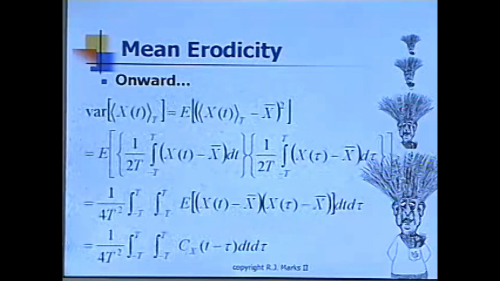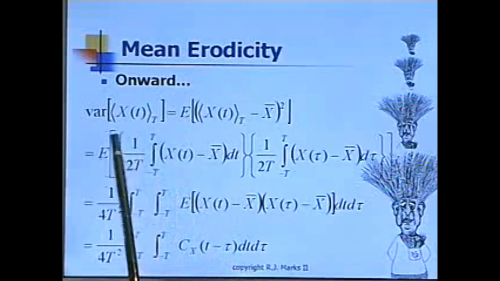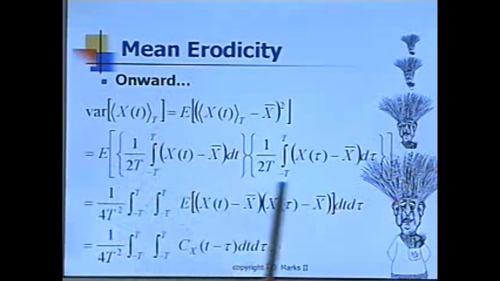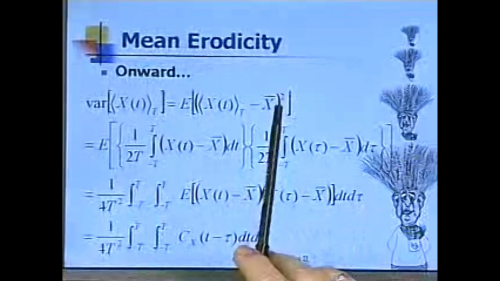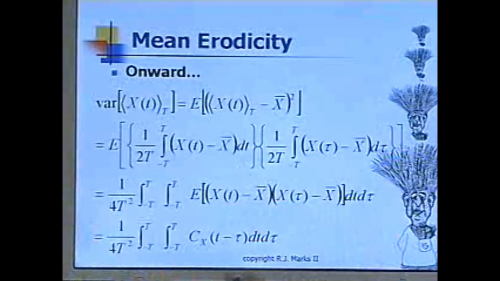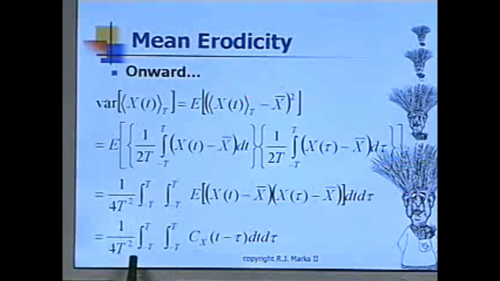So let's go onward. Okay, here's some math. I won't go through the details, but here is a broad sketch. The variance of x of t can be expressed as this. I'm just taking the expected value squared, the definition of the variance, expanding that out, and then collapsing the two integrals together, and I get this very interesting result: the variance of x of t is related to 1 over 4t squared times the integral over a square of the autocovariance as a function of t minus tau.